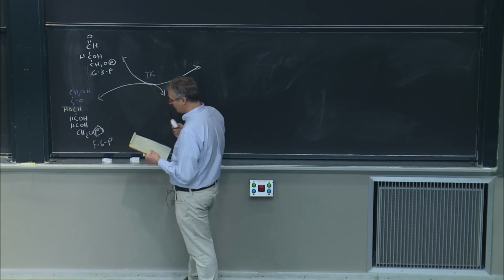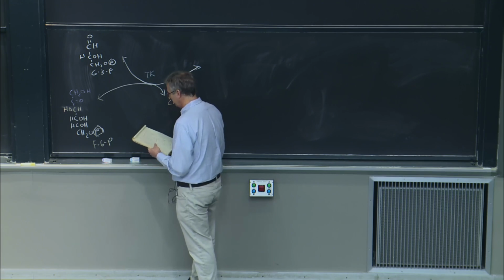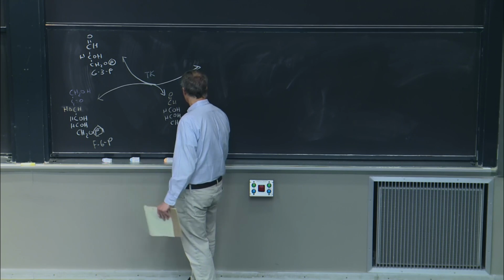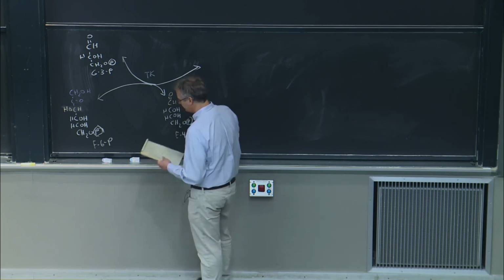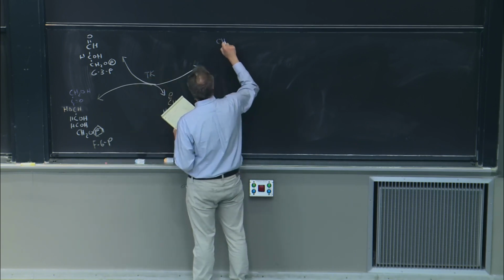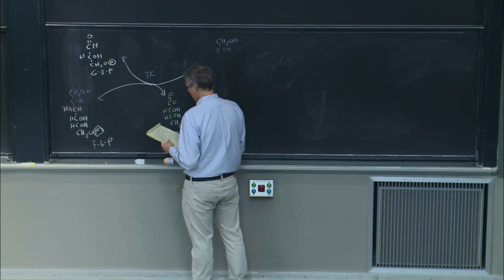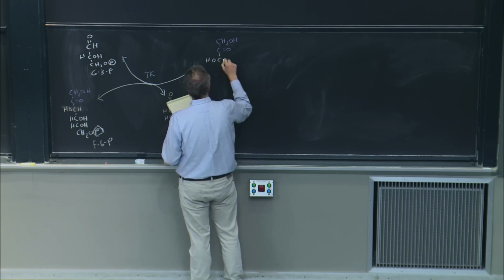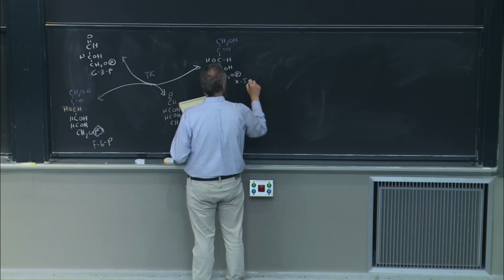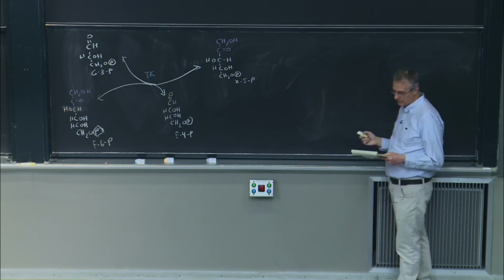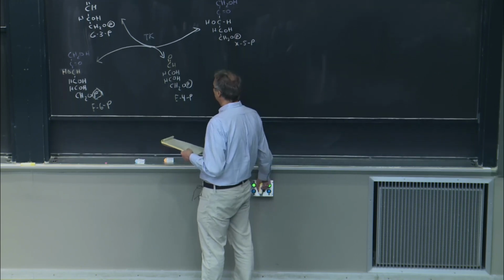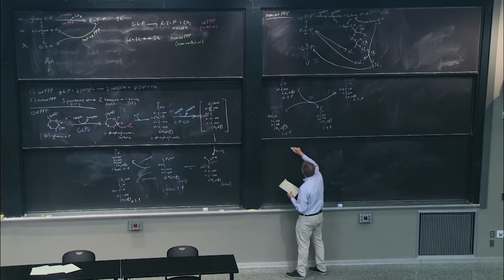What am I left with? Well, I'm left with a shorter aldose. Okay, this is erythrose 4-phosphate. And I'm left with a longer ketose. There's a pentose, xylulose 5-phosphate. Okay, now I have my erythrose 4-phosphate and my fructose 6-phosphate.